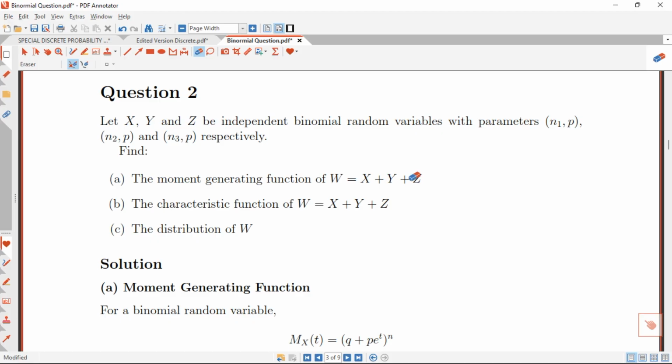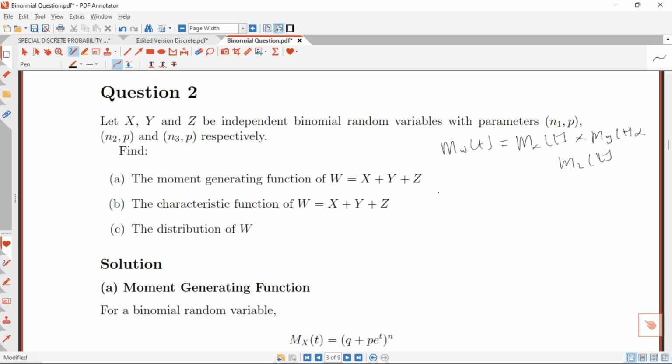Okay, so for this one, we know that since these are independent, the moment generating function for y will be equal to the moment generating function of x, times the moment generating function of y, times the moment generating function of z. So right now you have to get the moment generating function for x.